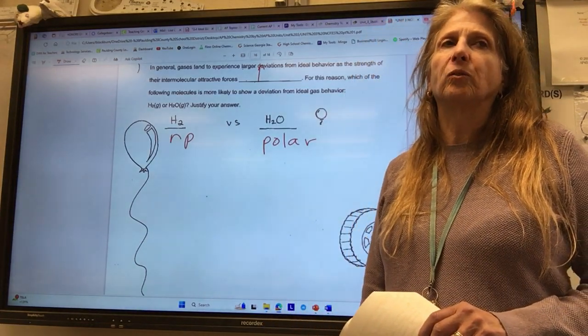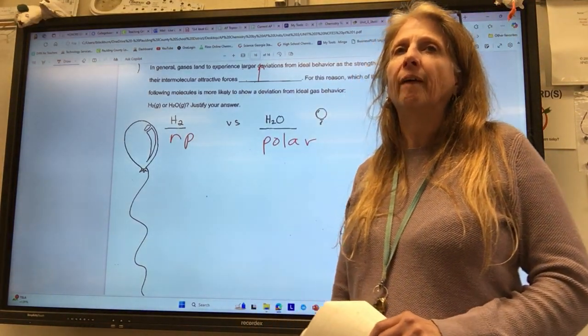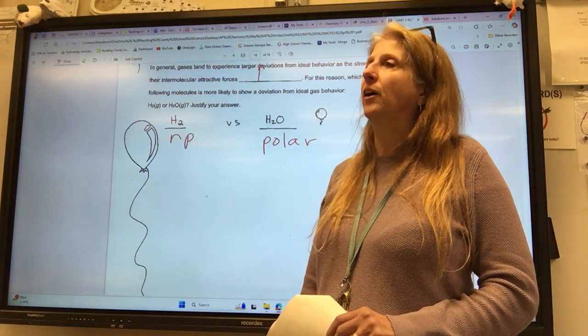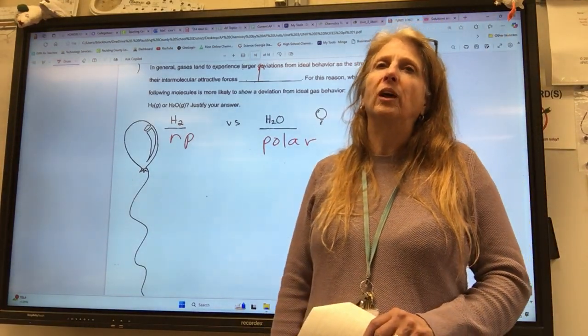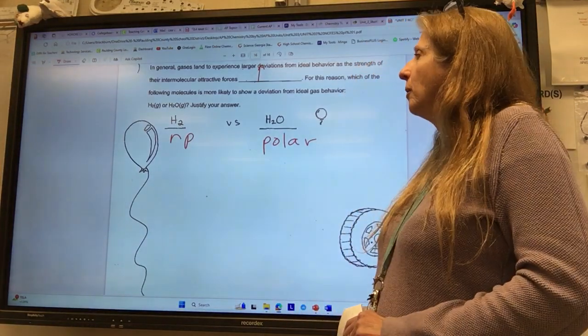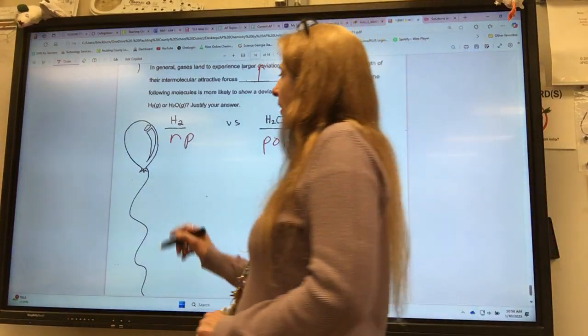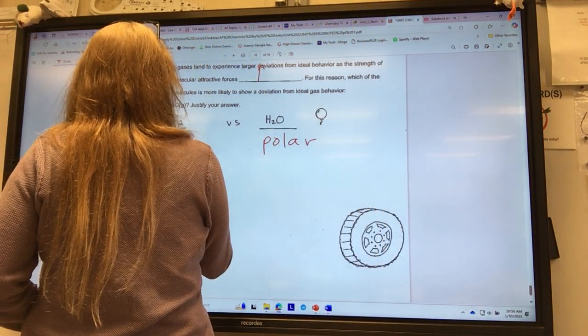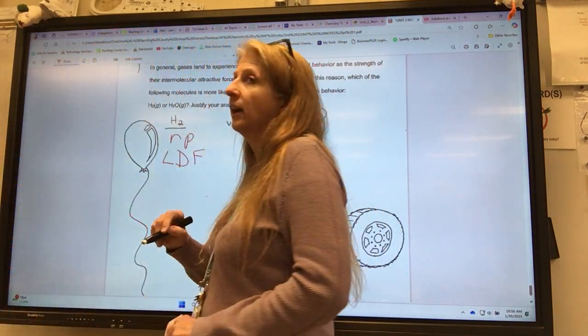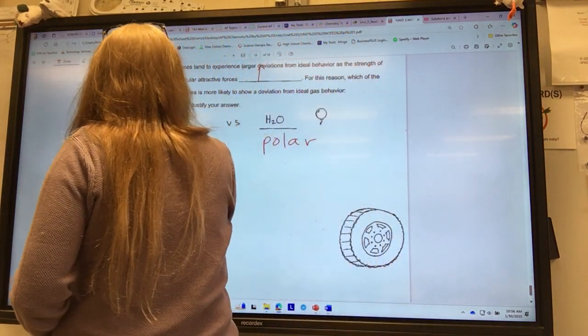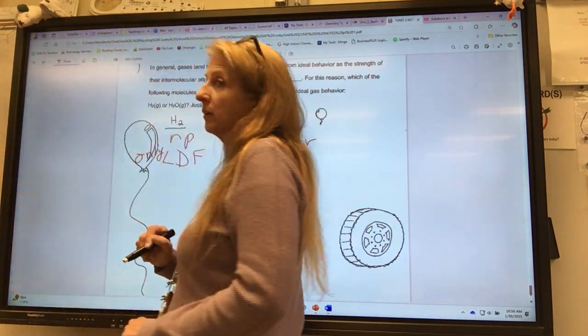Which intermolecular forces? Does it have hydrogen bonding? No, it's not Teflon. Does it have dipole-dipole? No, it's not polar. So what does it have? It only has London dispersion forces. Only LDF. So we can say that. Only. In our little essay we're going to write.